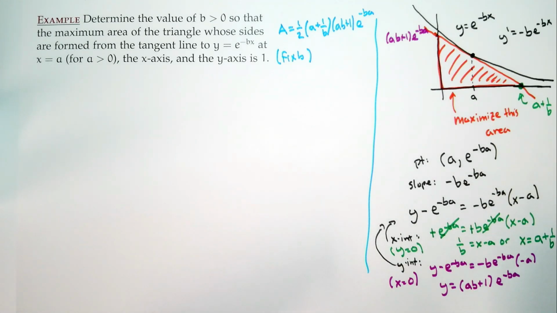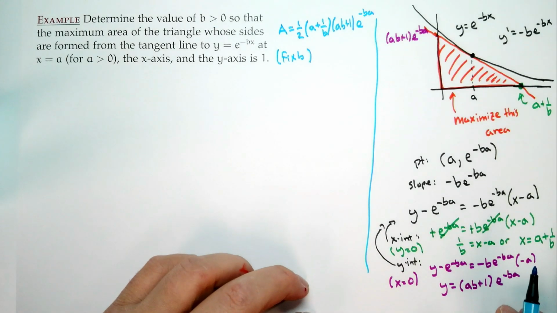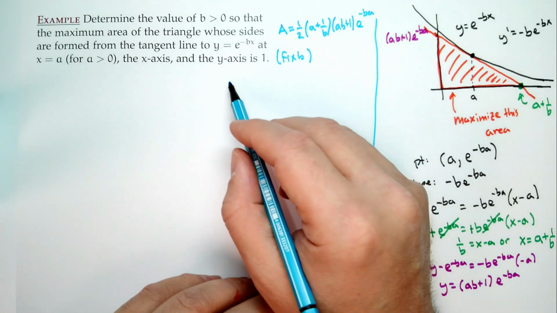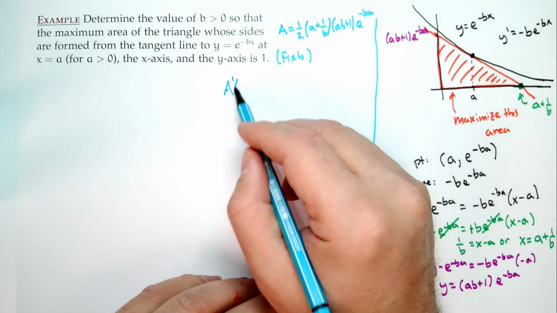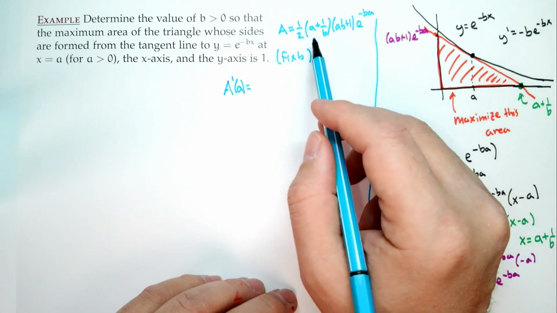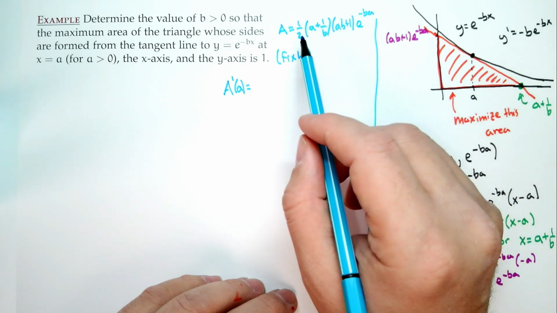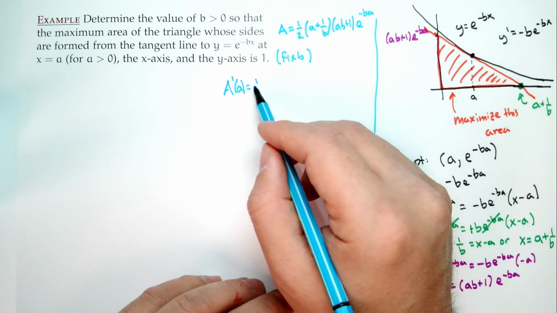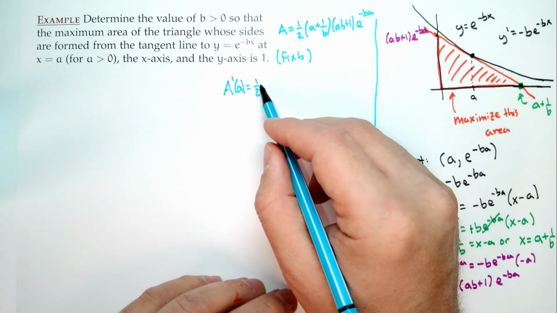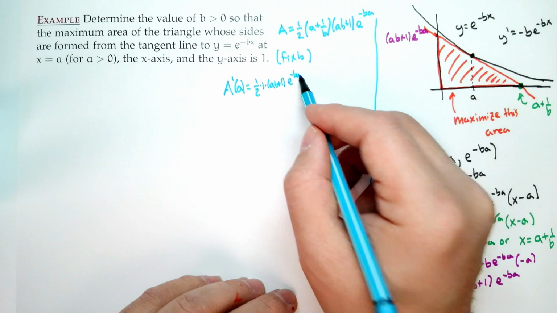So if our function is only a function of a, well, then what we can do is take a derivative. Okay, so what's our derivative of area? So A prime, again, think of it as a function of a. So we actually have a bunch of terms. Because a shows up 3 times, we can do sort of our triple product rule. So it's 1/2 times the derivative of the first with respect to a, which is 1. So 1/2 times 1 times ab plus 1 times e to the minus ba.